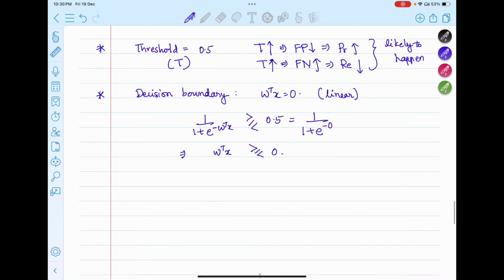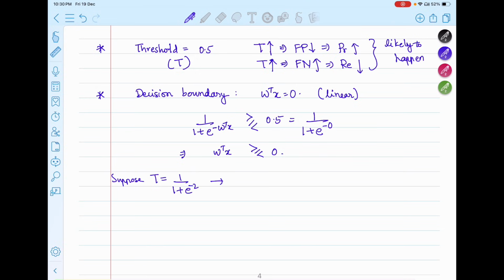Again, if somebody changes the threshold, still you will be able to do it. Let us say the new threshold is 1 by 1 plus e to the power, something like minus 2. Suppose this is the threshold. In that case, what will be the decision boundary?